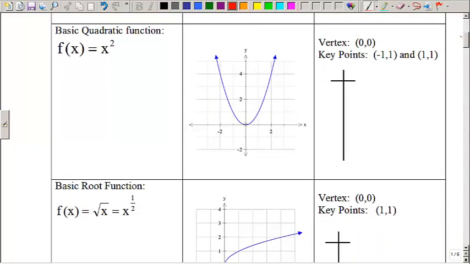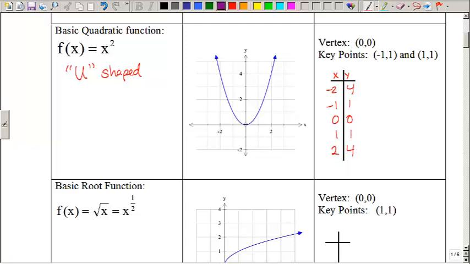Basic quadratic function, f of x equals x squared. Now this you can see is a U-shaped graph. We have some values here. Negative 2 squared is 4, negative 1 squared is 1, 0 squared is 0, 1 squared is 1, 2 squared is 4.